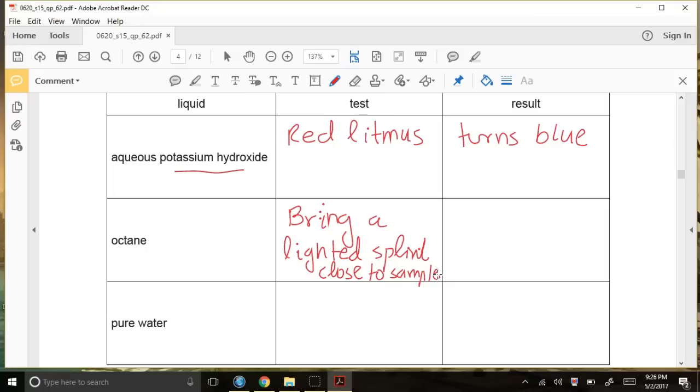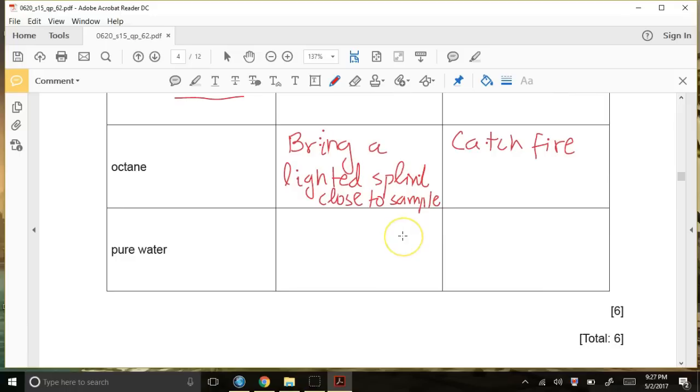Obviously it has to be very less in amount, not too much, don't forget, it's dangerous. So when you bring a lighted splint, we expect it to catch fire. It catches fire because being a fuel, that's one good thing it does all the time. It catches fire. Okay. Of course, there are some other chemical tests you could think of, and then this makes most easy sense to everyone.